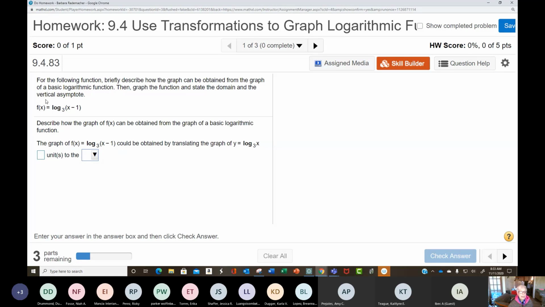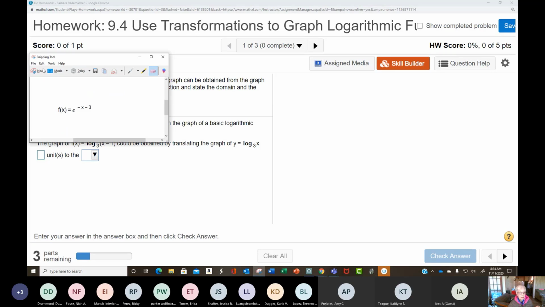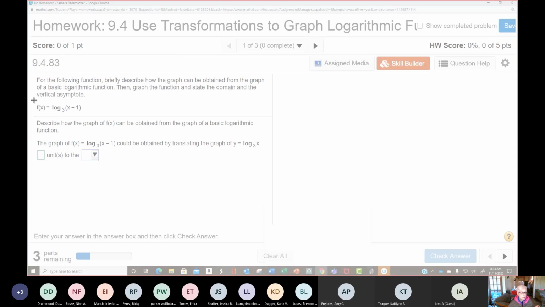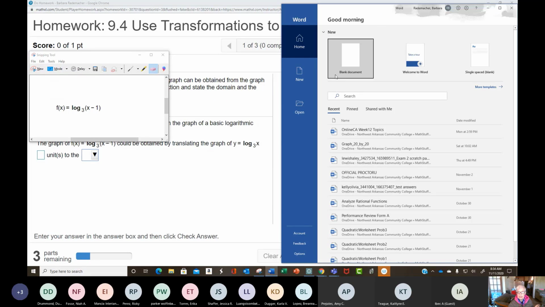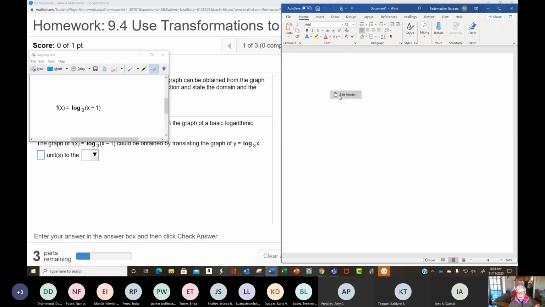All right, here we have f of x equals log base 3 of x minus 1. The argument is x minus 1. Now I can even do this. And see how much bigger that is?